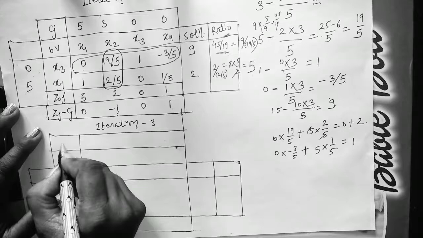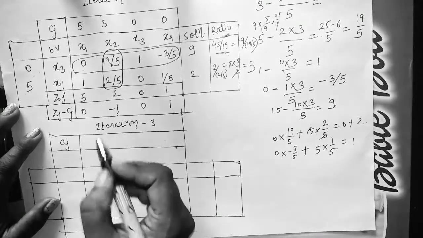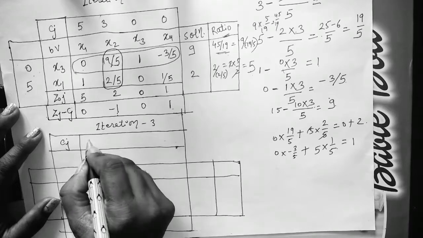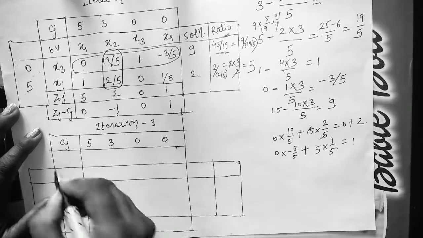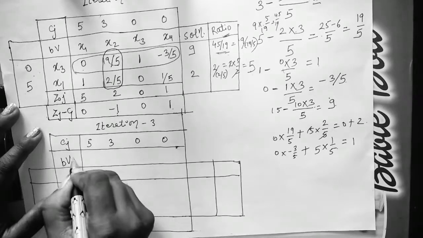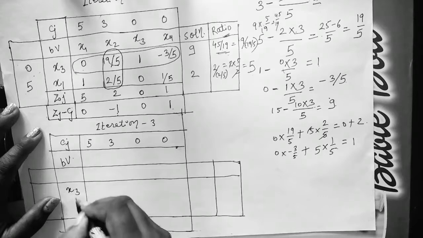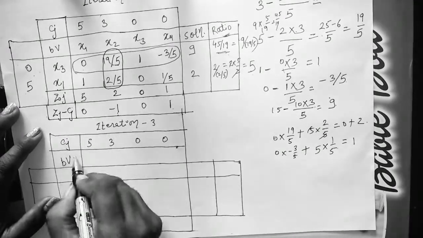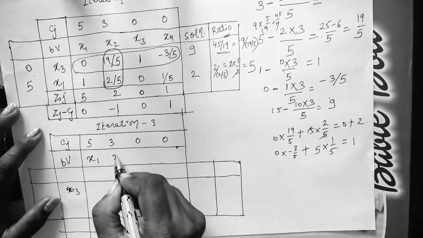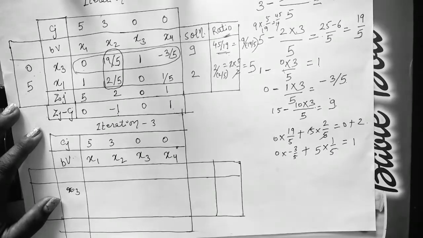Same process. This is Cj. Cj will be the same as it was in iteration second: 5, 3, 0, 0. The variables are x1, x2, x3 and x4.